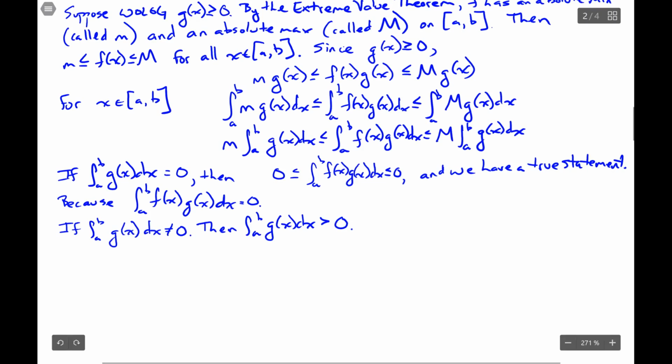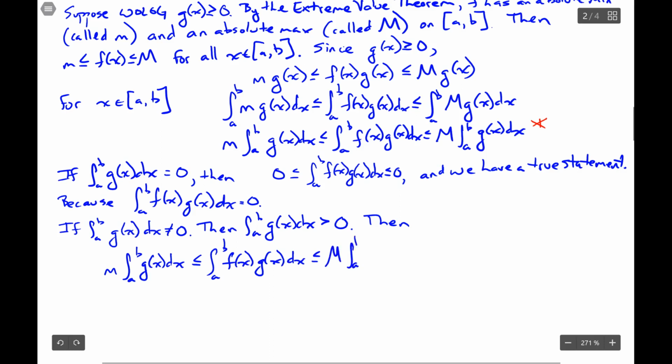Then let's take this same inequality right here and divide everything by the integral from a to b of g of x dx. Then our inequality, m times the integral from a to b of g of x dx, is less than or equal to an integral from a to b of f of x g of x dx, is less than or equal to big M times an integral from a to b of g of x dx.